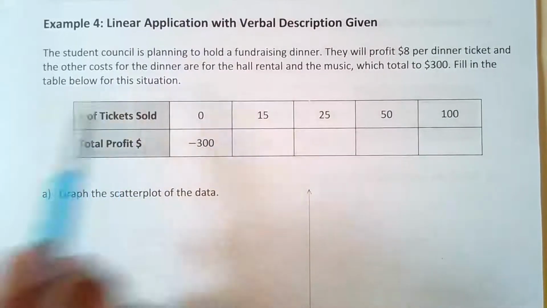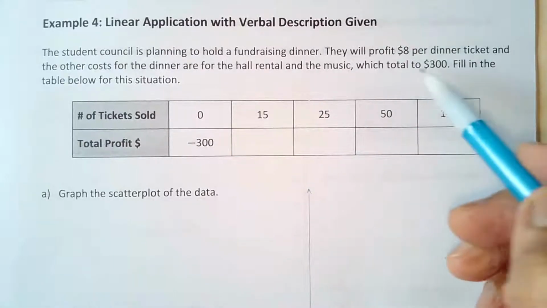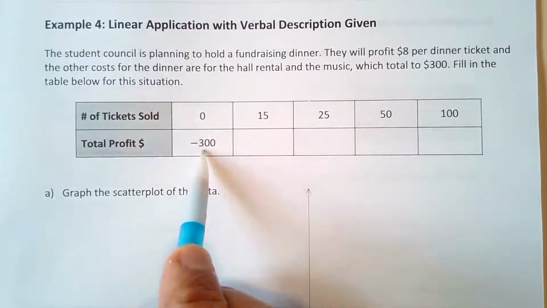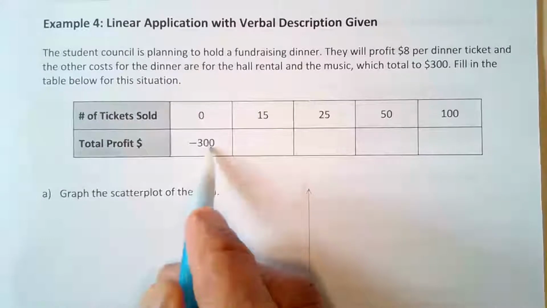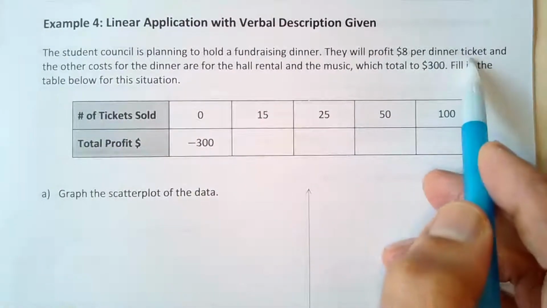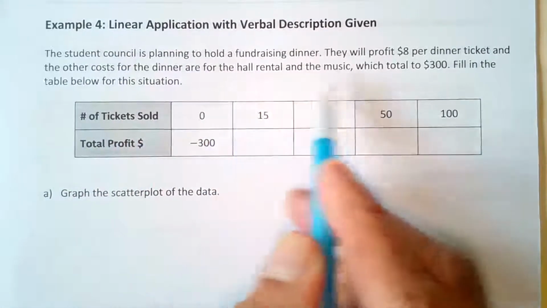Filling the table in this situation, notice this started off when 0 tickets sold, you're at minus $300. In other words, this is your deposit.